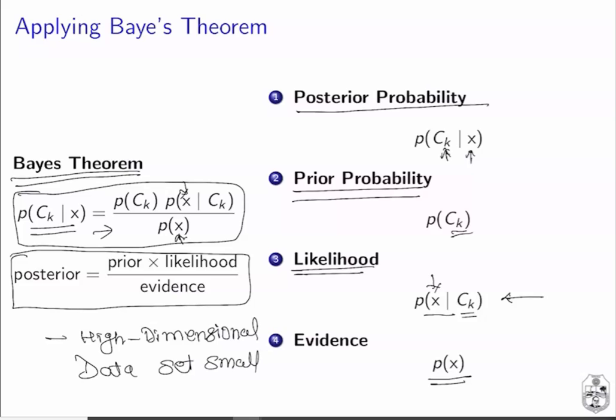So these are the two conditions in which you can apply the Bayes theorem to the problem of classification. In these two slides, I have formulated the classification problem in terms of probability.